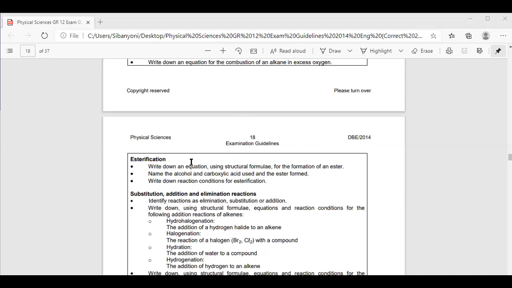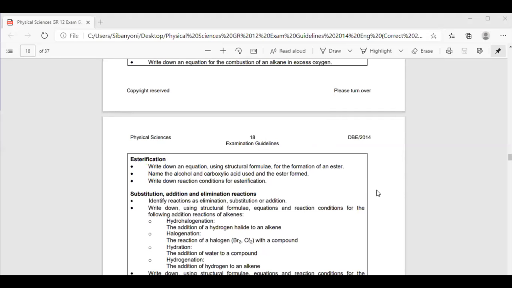So you must be able to write down that reaction, have reactants, have products, but also you need to provide the conditions under which that reaction is going to take place.